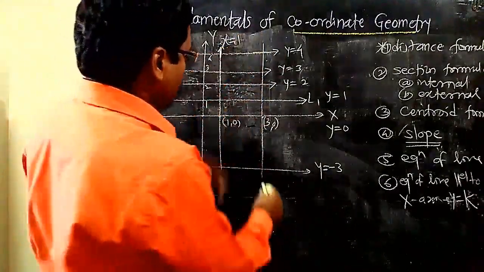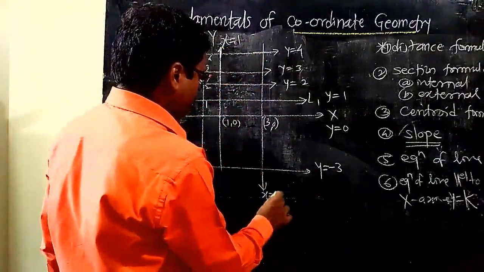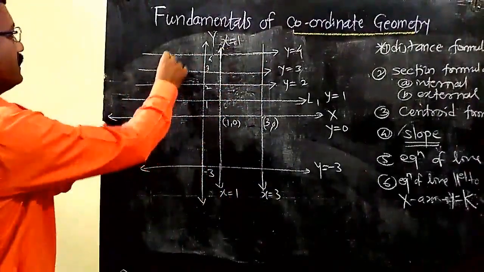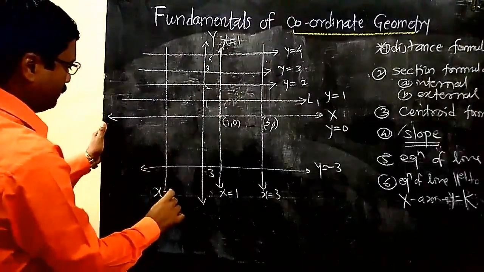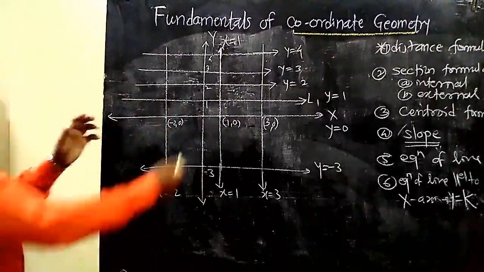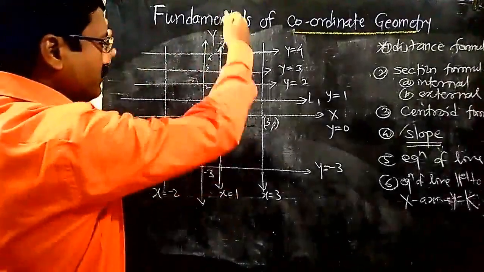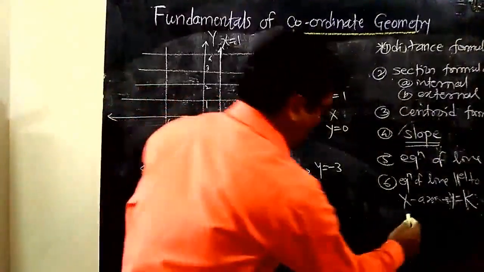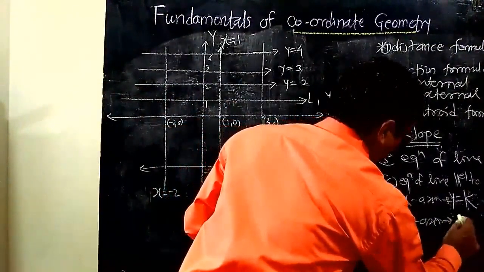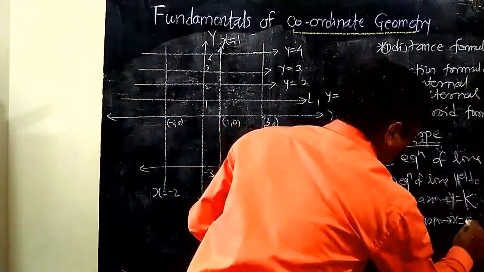So the equation is x equal to 3. If the line is like this, the equation will be x equal to -2, if it cuts at -2, 0 and it is parallel to the y-axis. So for a line parallel to the y-axis, its equation is x equal to constant.